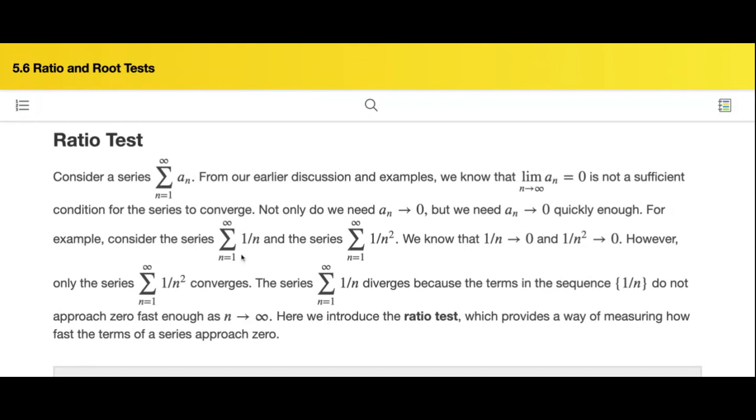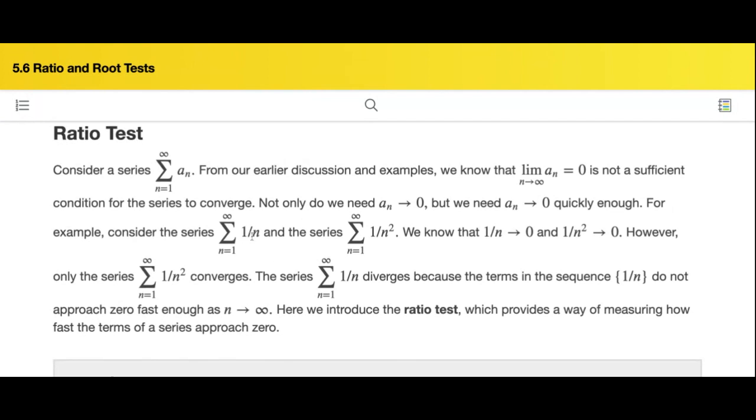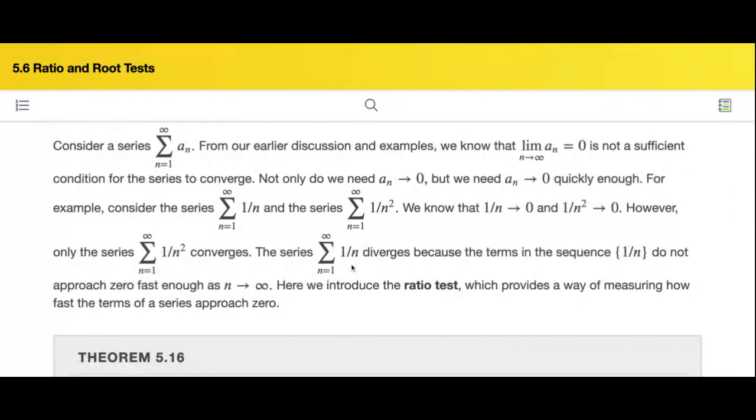For example, consider the series 1 over n, the harmonic series, and the series 1 over n squared, a p-series with p equals 2. We know that 1 over n approaches 0 and 1 over n squared approaches 0. However, the harmonic series diverges, but the 1 over n squared p-series converges.